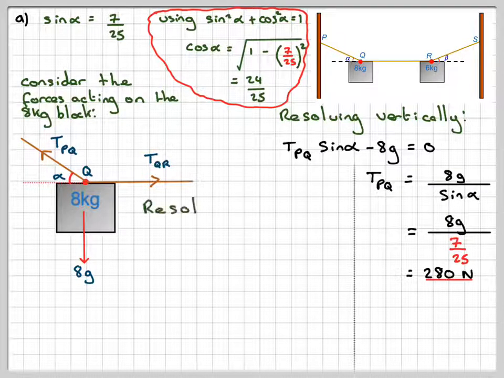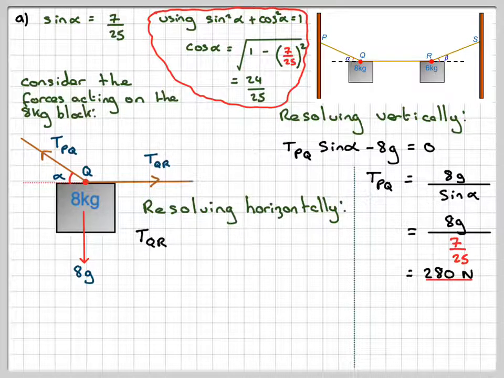Now, if we resolve horizontally, this time TQR will take effect. So we're going to have TQR in that way. Against it, we're going to have minus TPQ cos of alpha. This is why we needed the cos of the angle.